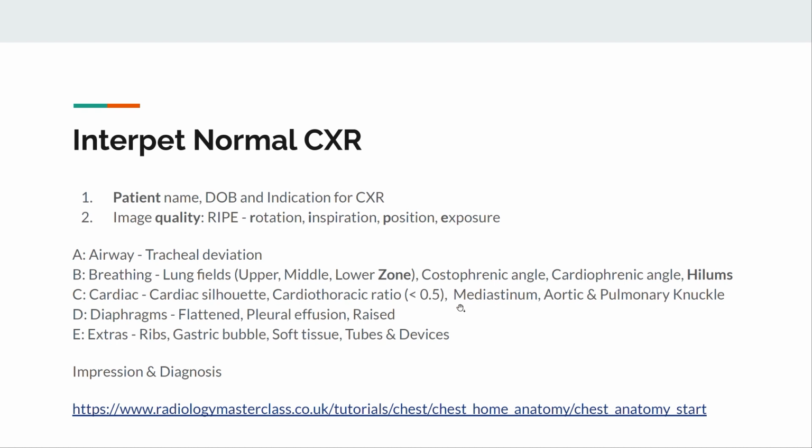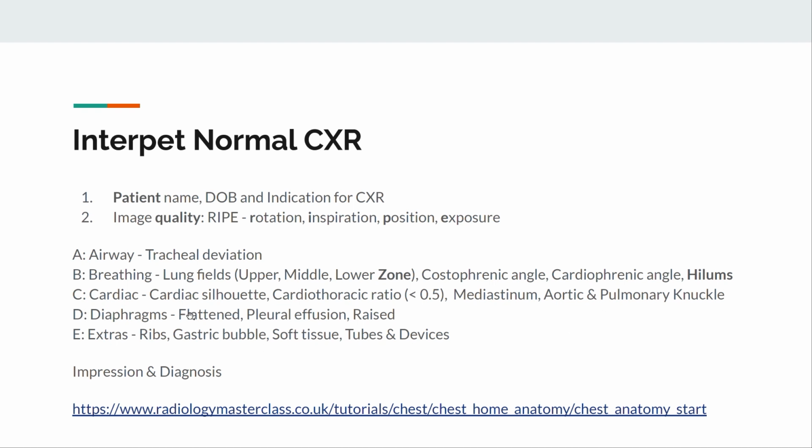Look at the mediastinum in case it's enlarged in something like aortic dissection or aortic aneurysm, if it's an aortic root aneurysm. And then look at the knuckles of the vessels.